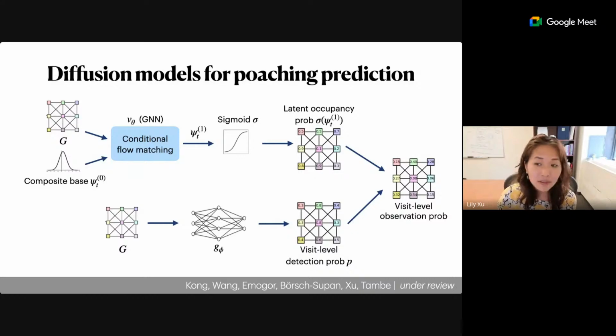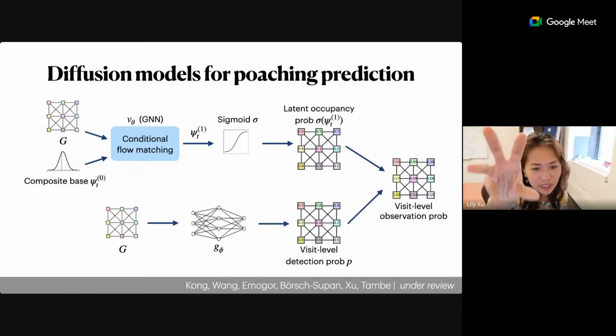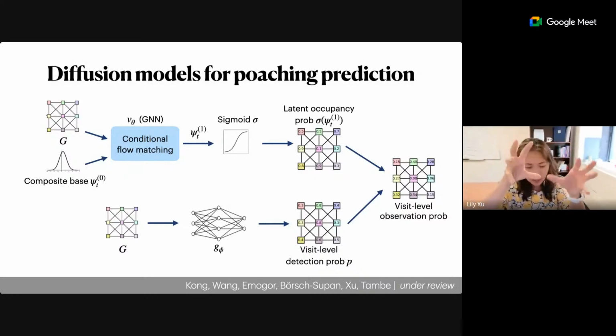We also tried applying diffusion models to poaching prediction, where now instead of doing predictions individually across each region in the park, so looking at a 1 by 1 kilometer region in isolation, just based on its covariate features, diffusion models enable us to think about spatial correlations between adjacent units of poaching risk.